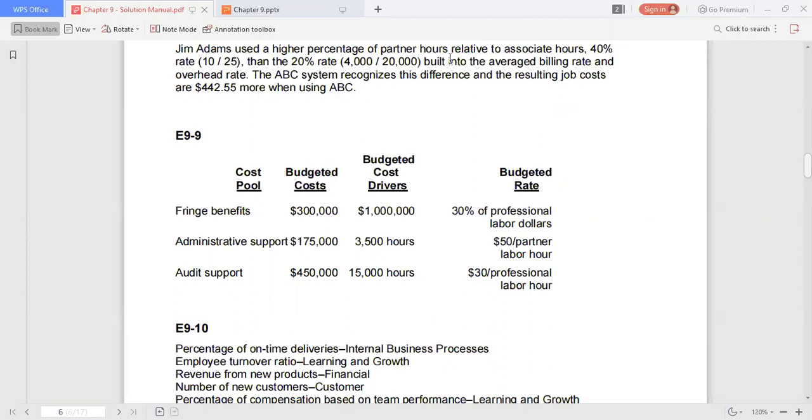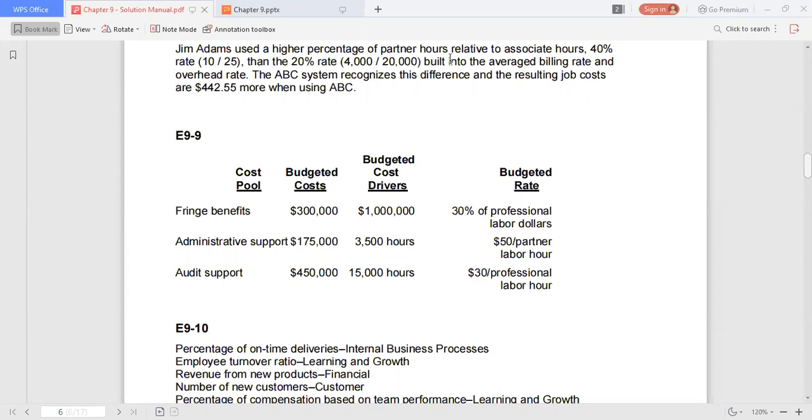We are dividing the total cost of administrative support by the number of partner labor hours, so we have $50 per partner labor hour. And for audit support, we are dividing the budgeted cost of $450,000 by the budgeted cost driver of 15,000 professional labor hours. So the budgeted rate is $30 per professional labor hour.